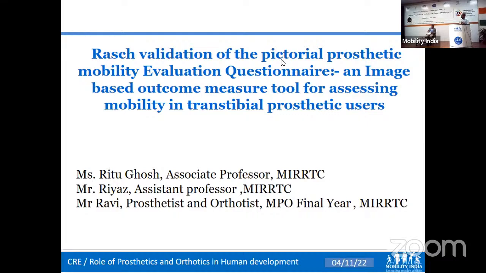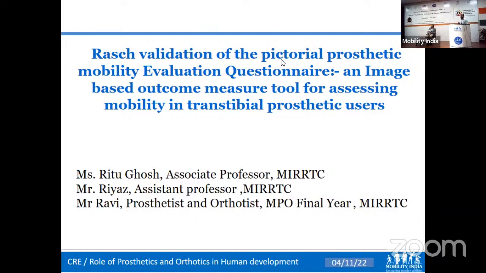An outcome measure is a standardized instrument that can help quantify the current status and evaluate the change in health status of an individual over time. When focusing on prosthetic mobility, there are many outcome measures like the Prosthetic Evaluation Questionnaire and the Locomotor Capabilities Index.